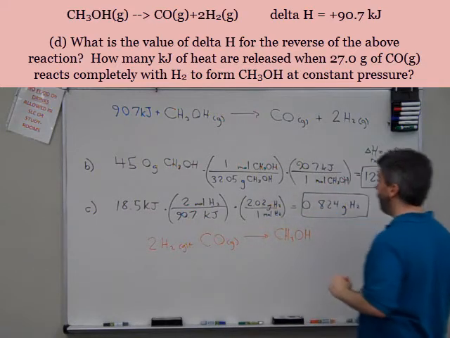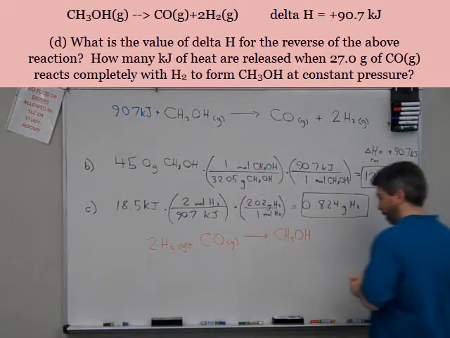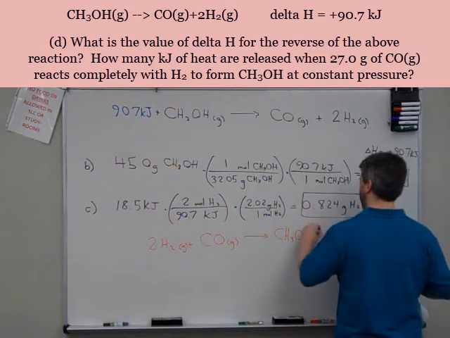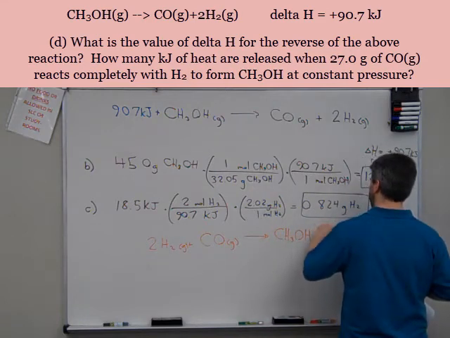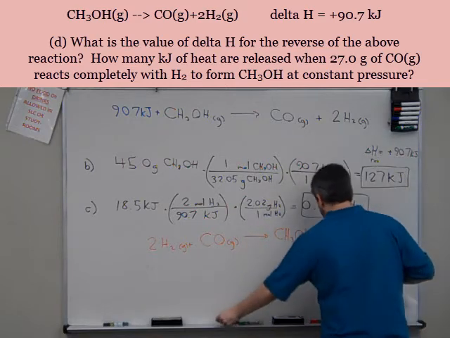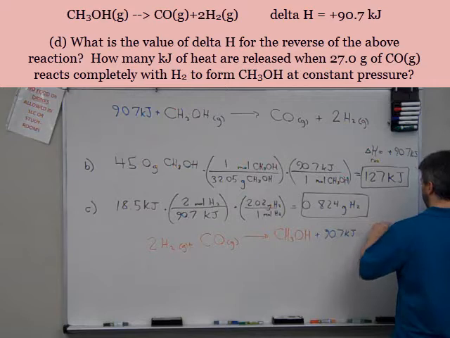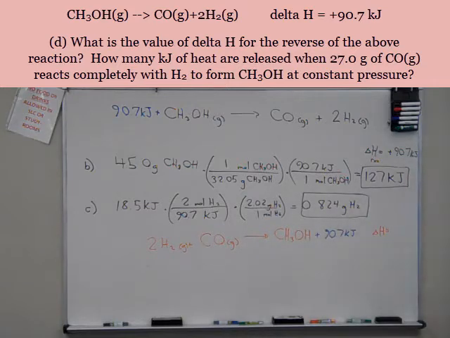And if that was the case, where would the 90.7 kilojoules be? On the other end. Yeah, it'd be on the product side. You'd have 90.7 kilojoules on the product side, which means they would be produced. Which means that the delta H here would be what? Negative.